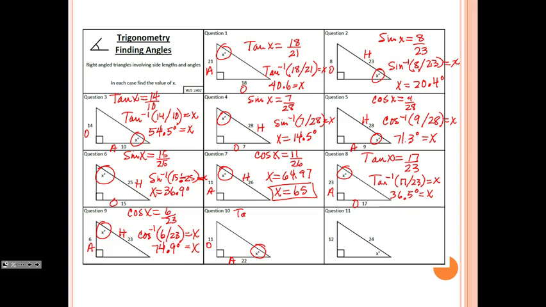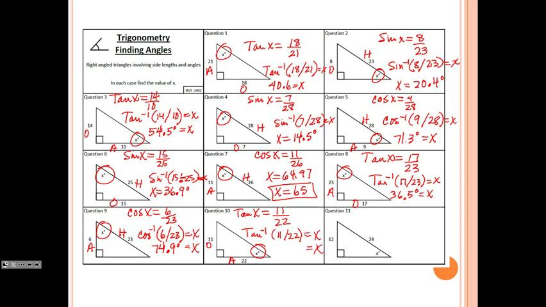Okay, this one's going to be opposite and adjacent. That's going to be tangent. Tangent x equals 11 over 22. So we're going to say tangent negative 1, so shift tangent or second tangent. 11 divided by 22, this is an 11, equals x.